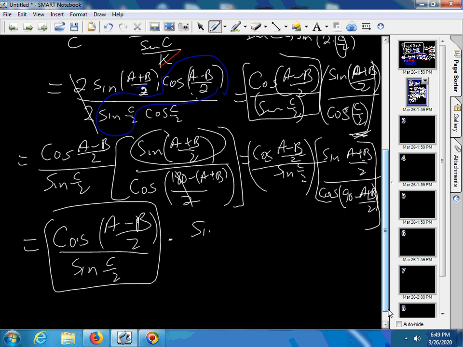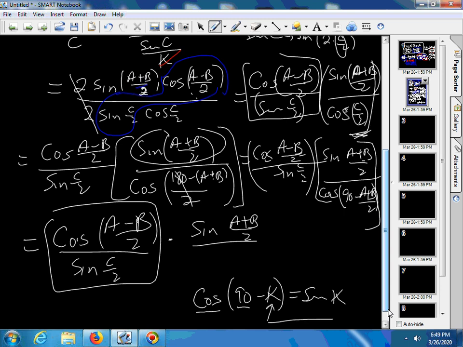Times the sine of (a plus b) over 2, over something else. Now, remember, if you have the cosine of 90 minus k, this is equal to the sine of k. We proved that earlier. That is, the cosine of 90 minus anything is the sine of the anything. The anything is (a plus b) over 2. So I get the sine of (a plus b) over 2.